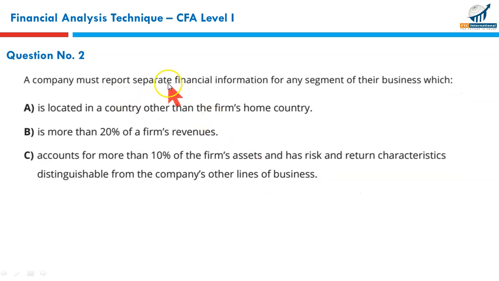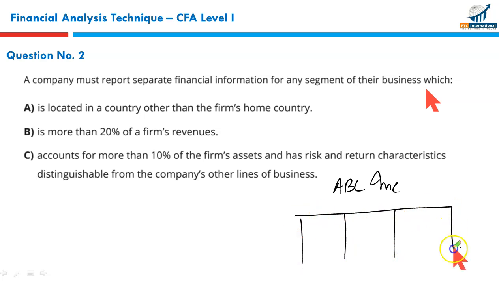A company must report separate financial information for any segment of their business. What is a business segment? Let's say a large organization, ABC Incorporated, may have separate divisions with their unique cash flows, with their unique assets, and their cash flows are distinct from the main operations of the business.